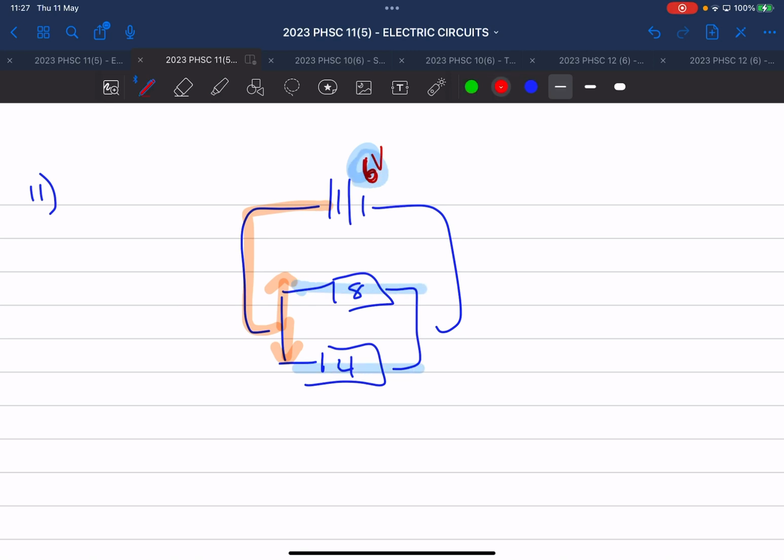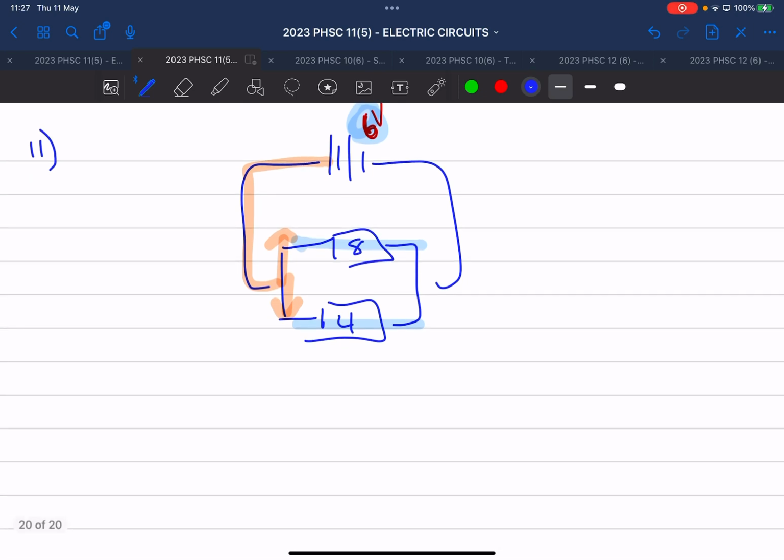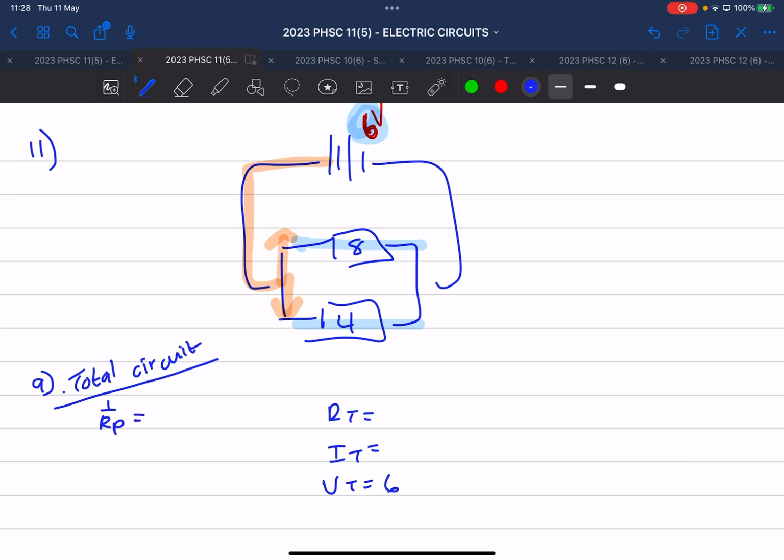Alright, now I'm going to do a long method here because I want to make a certain point. Okay, before it burns out, I first want to consider the total circuit. You didn't have to do this, I just want to make a point, so you can add that to your answer. The total circuit. For that I need the total resistance and the total current, total volts. Total volts, easy peasy, is 6. Total resistance, I first have to do that parallel combination thingamajiggy. 6 over 16.